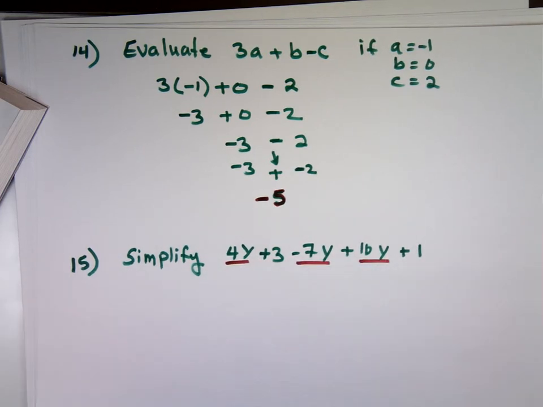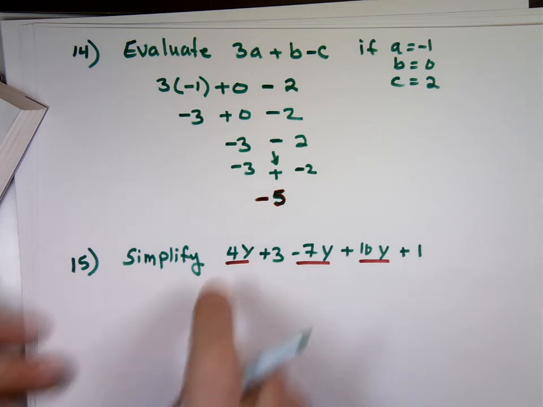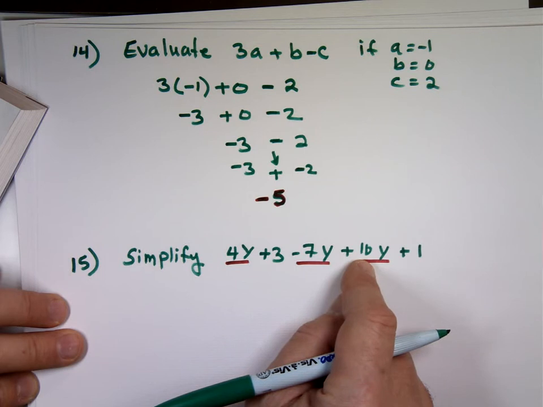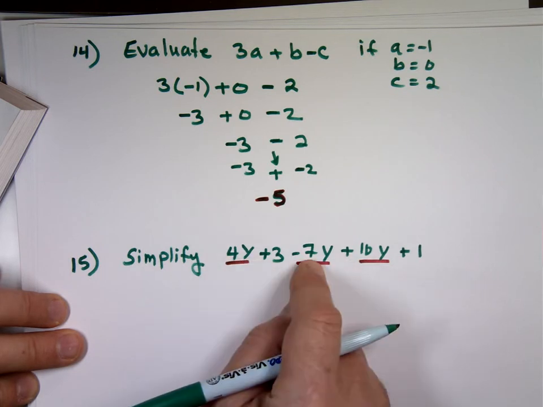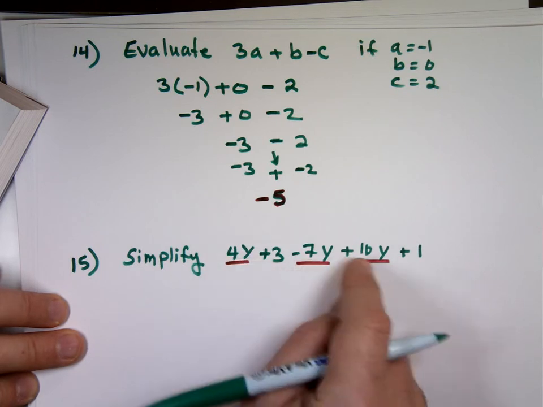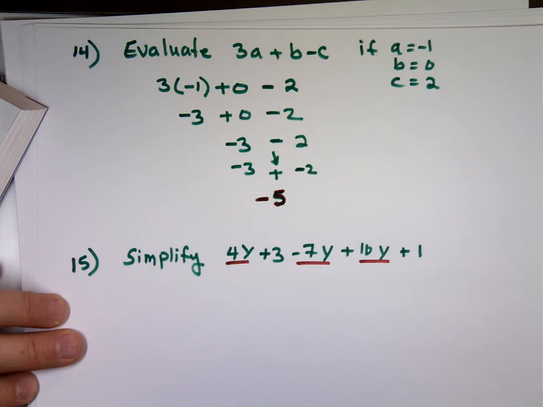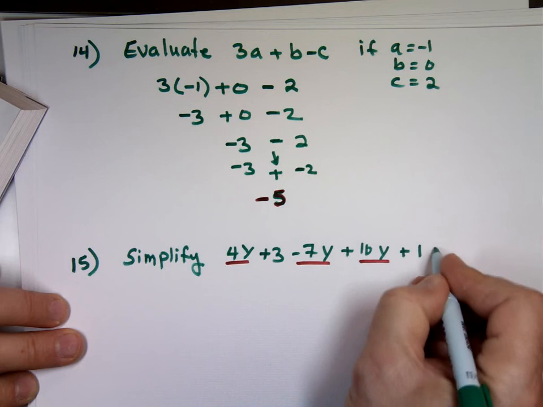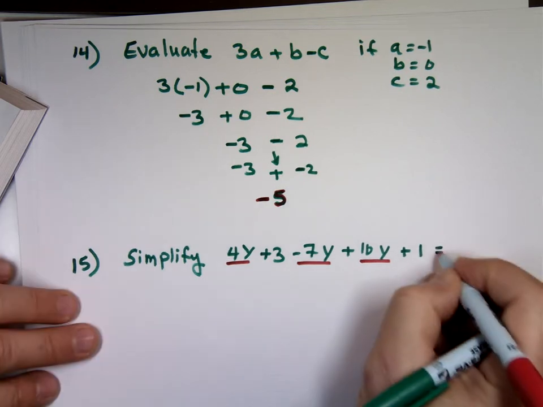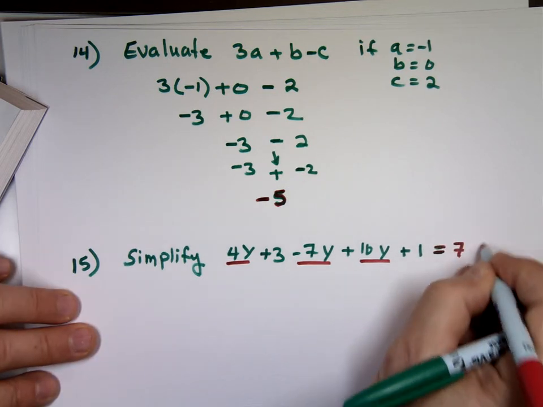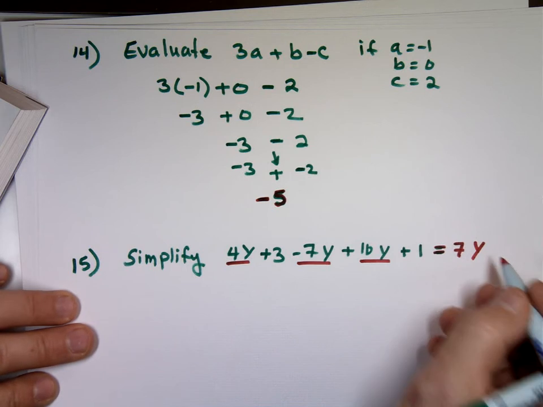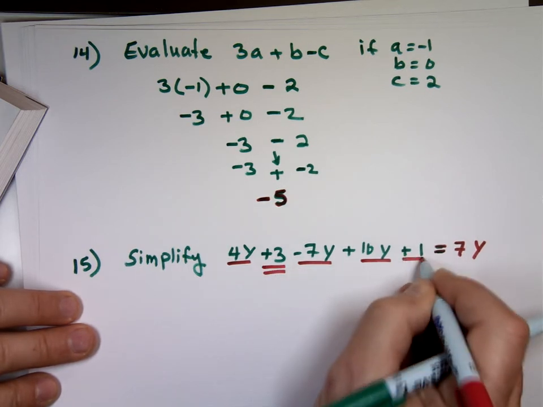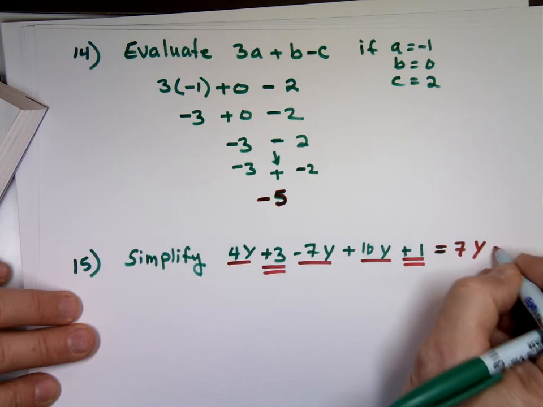Let's put them together. What's 4 minus 7 plus 10? 4 minus 7 is what? Negative 3 plus 10? Positive 7y. So this will be 7y. And what about plus 3 plus 1? Positive 4.